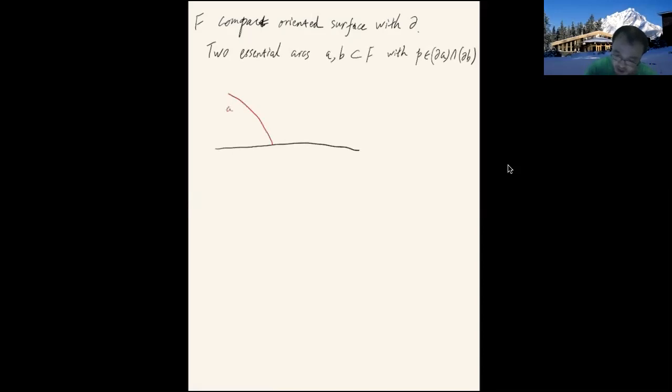So this is A and maybe this is B. Two essential arcs in the surface.